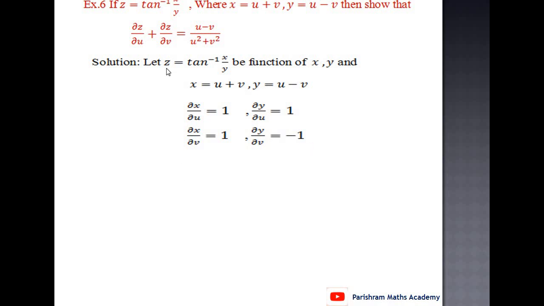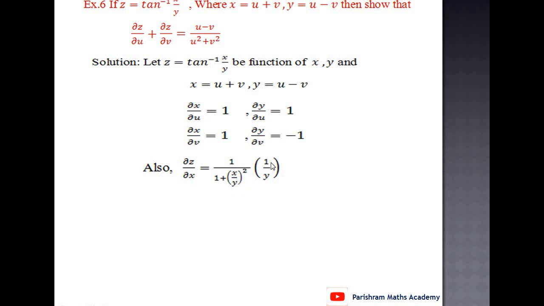Now here z equals tan inverse of x upon y, we can find the derivative of z with respect to x and with respect to y partially. Therefore ∂z/∂x equals, we know the derivative of tan inverse of x is 1 upon 1 plus x square. Derivative of tan inverse of x upon y is 1 upon 1 plus (x upon y) bracket square into the derivative of x upon y with respect to x.